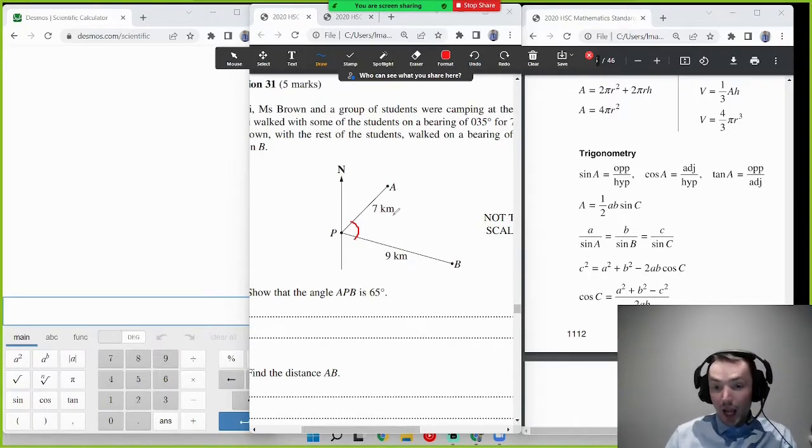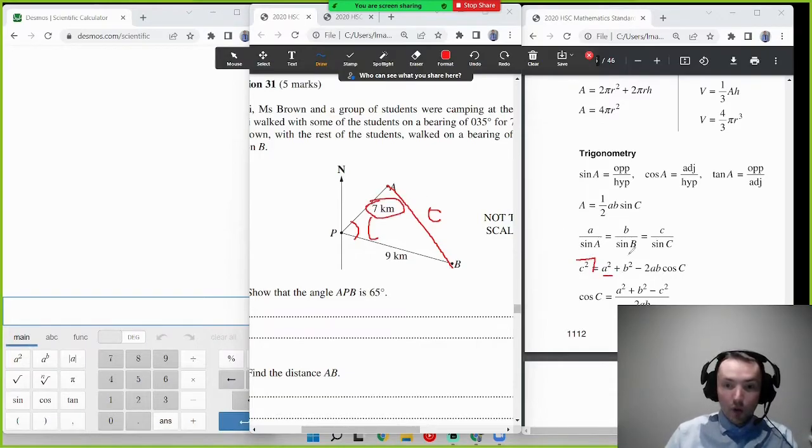Looking at our formulas, we see which one matches most closely. Essentially we want to find lowercase c, the distance opposite angle C. We know a is 7 kilometers, b is 9 kilometers, and C is 65 degrees.